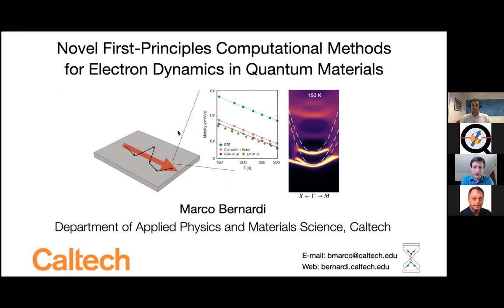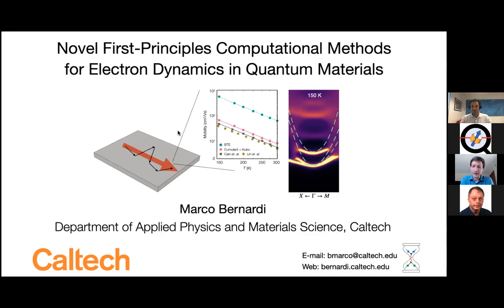And of course, since 2015, Marco was at Caltech at the Department of Applied Physics and Material Science. And he leads one of the few groups who are focusing on actually developing new quantum mechanical first principles computational methods aimed at predicting and investigating electronic transport, as well as ultrafast dynamics and light matter interactions, focusing on realistic materials with these first principles approaches.